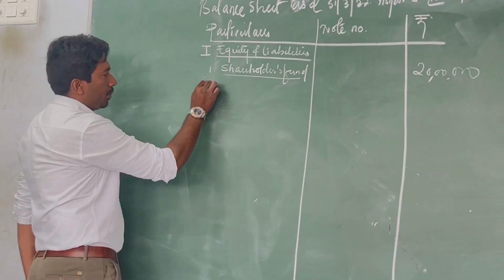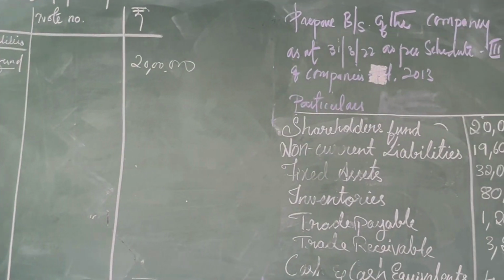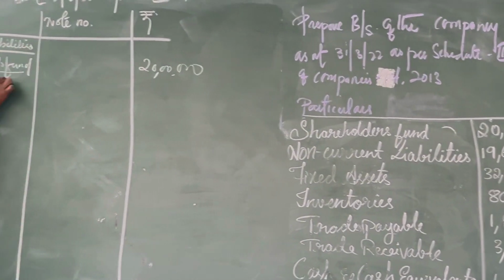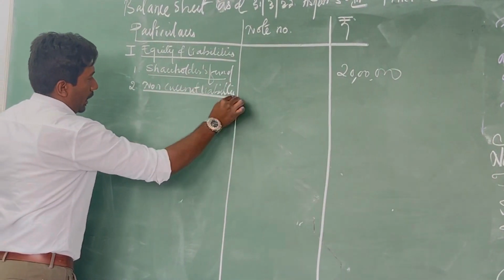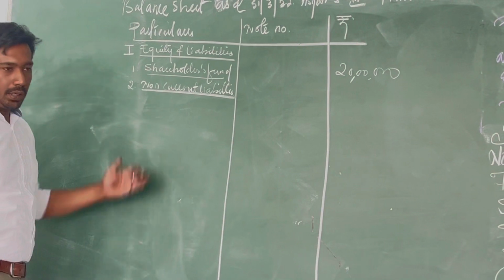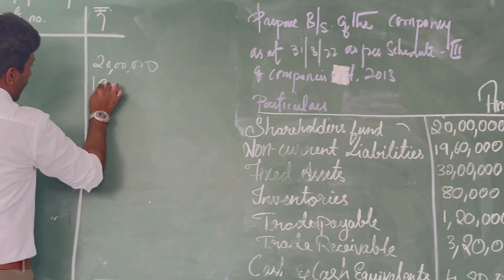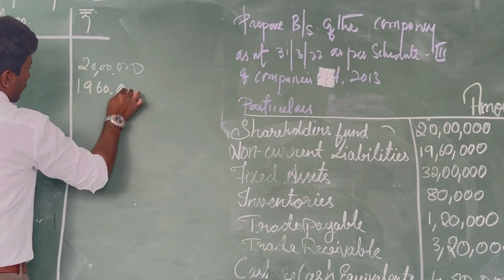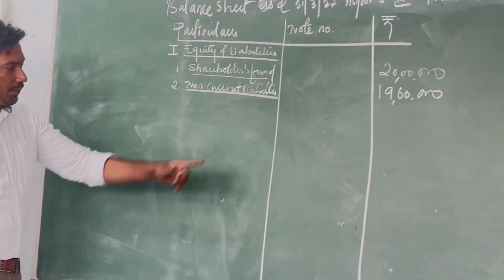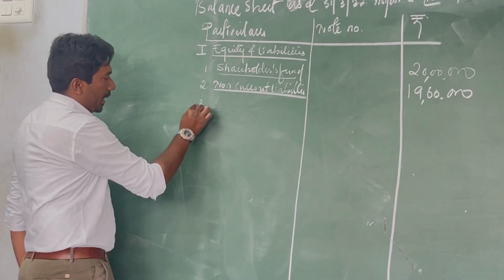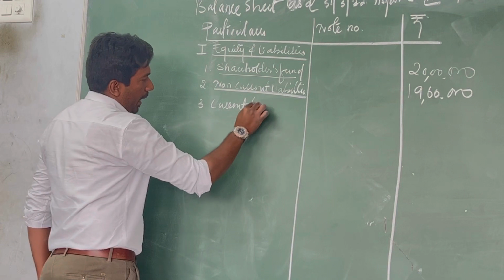Then next, non-current liabilities: 19 lakhs 60,000. Directly they have given, no subheadings. So 19 lakh 60,000. Done. The next, third heading, is current liabilities.